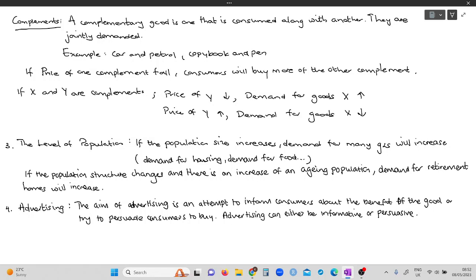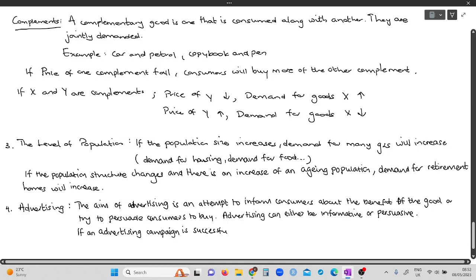D'accord? So for example, if an advertising campaign is successful, then consumers will buy more of the good and hence demand will increase.